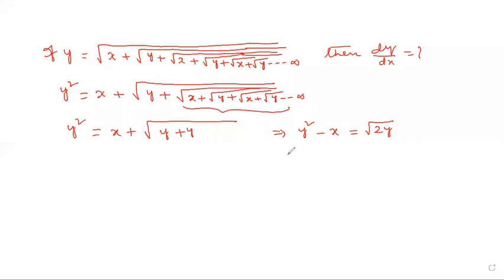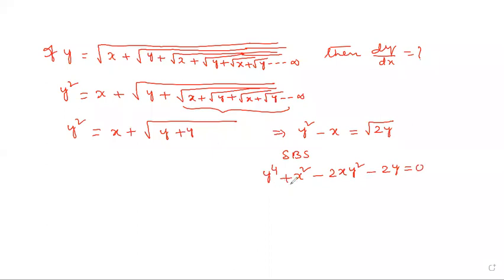Squaring on both sides and then applying the derivative, we get the answer. Y power of 4 plus x square minus 2xy square minus y is equal to 0.